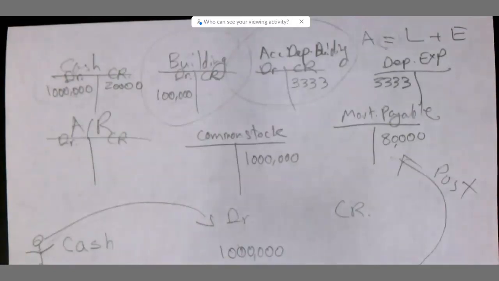For example, I titled this cash, right? In real life, I call it cash dash BOA checking account. Why? Because my cash might be different cash, might be a Bank of America checking account, might be a Bank of America savings account, and also I have a Chase checking account.